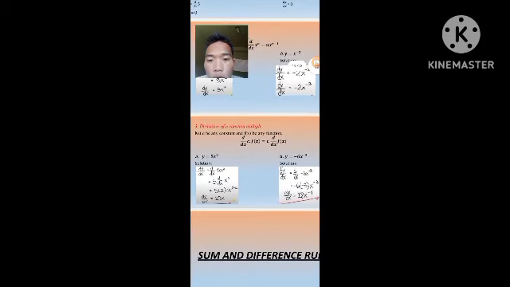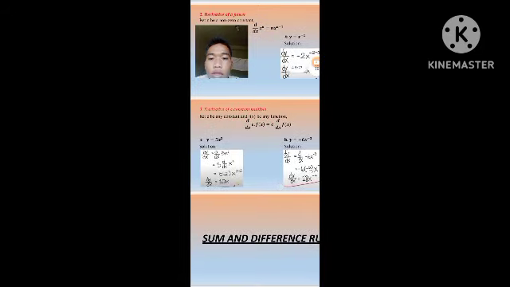Then the derivative of a constant multiple. Let c be any constant and f of x be any function. So d over dx of c times f of x equals c times d over dx of f of x.